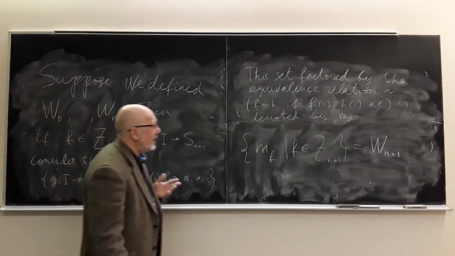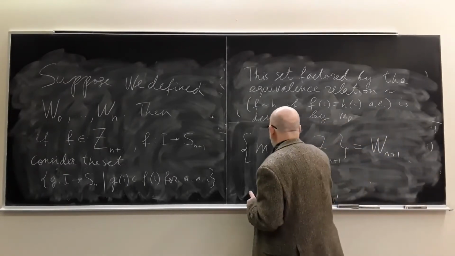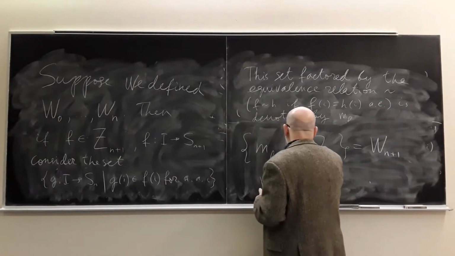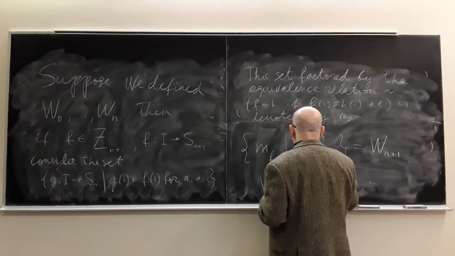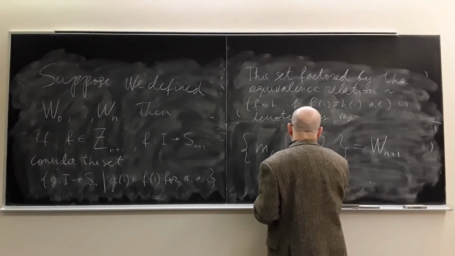Now, what is important here? Let us check. W is the union of Wn, n from 0 to infinity.